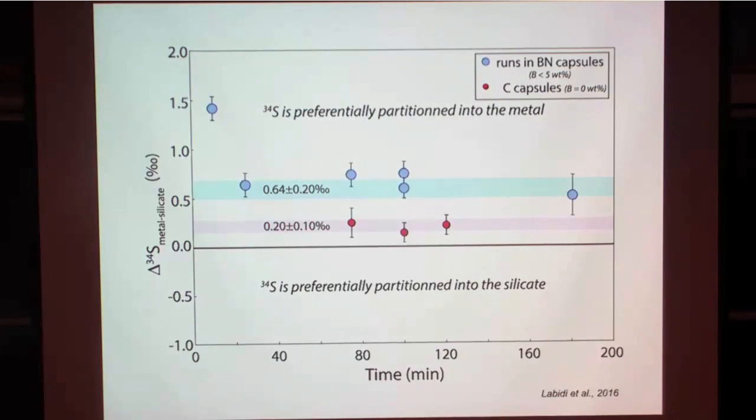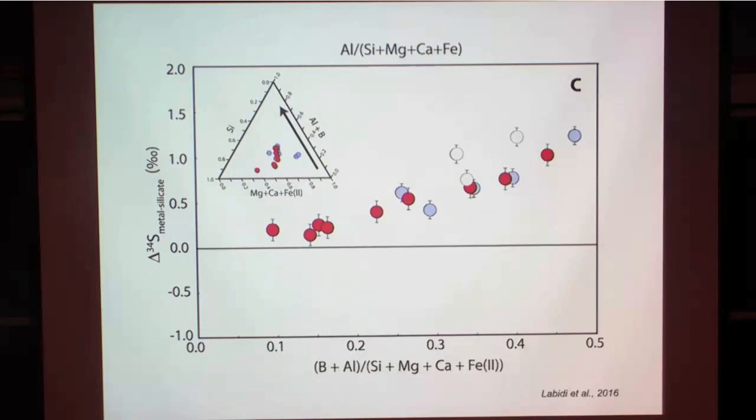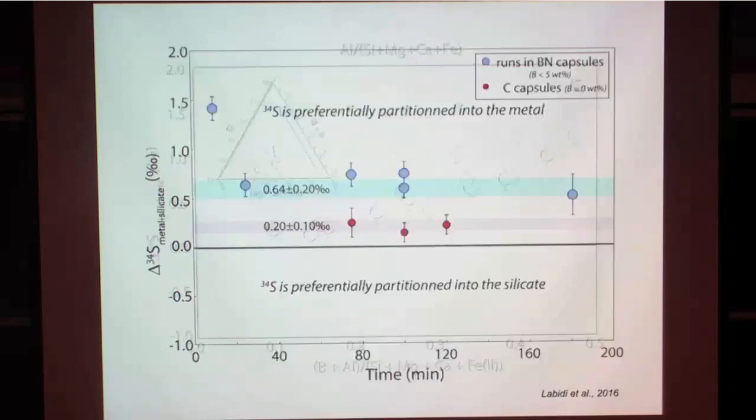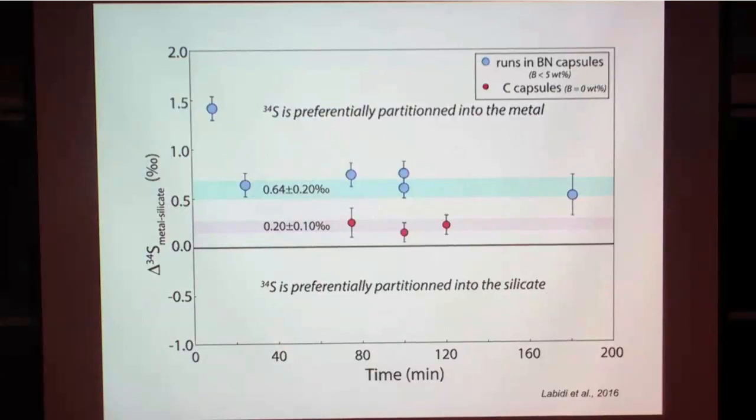But what's interesting about this is not the metal silicate fractionation, but when you start to try to understand why that fractionation exists. And it turns out that when we started playing around, because we did it in 2 different capsules, and got different answers, we then had to start playing around with compositions, right, in order to understand why there is this fractionation.